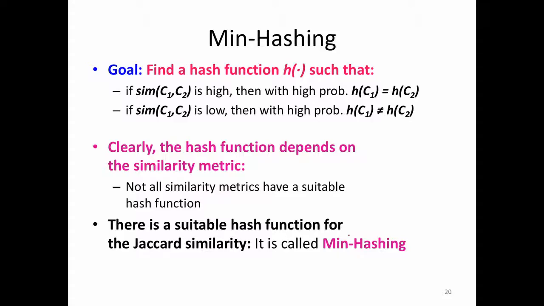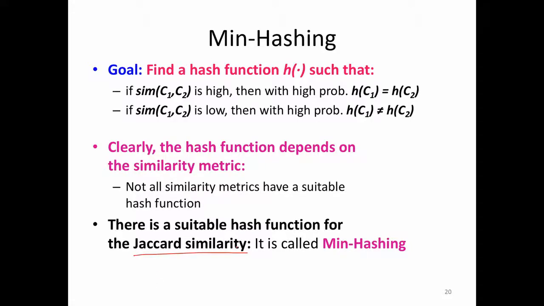Now the question is, can we do this for all similarities? Here we are writing sim of c1 comma c2, but what we are really using is the Jaccard similarity.